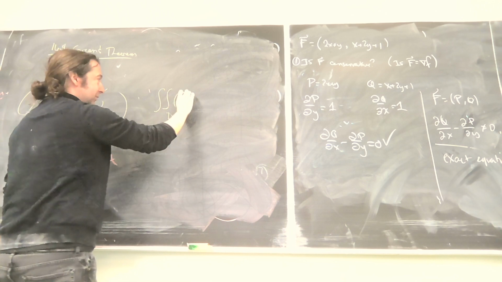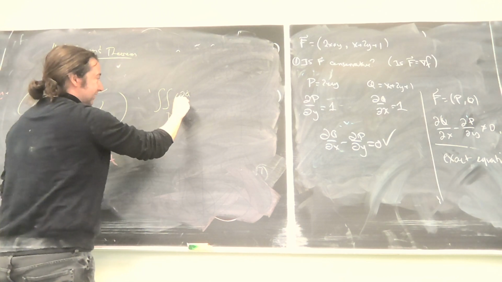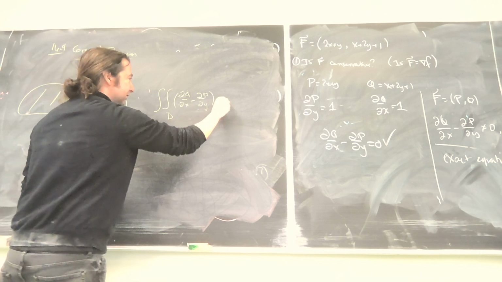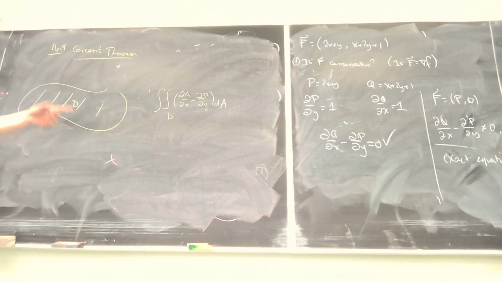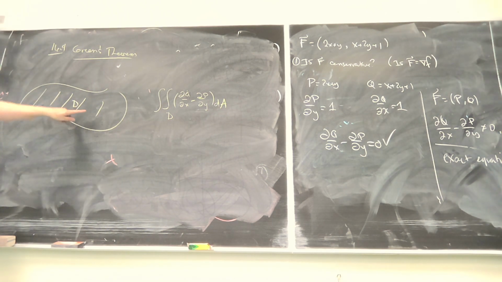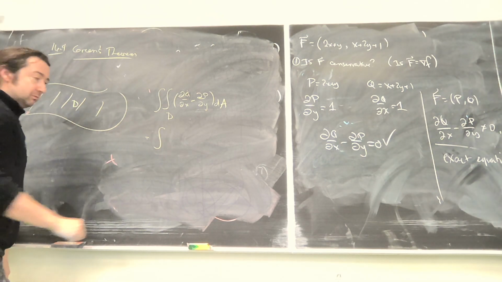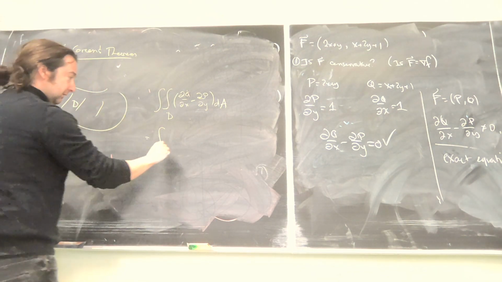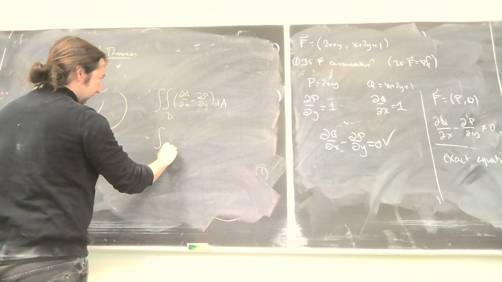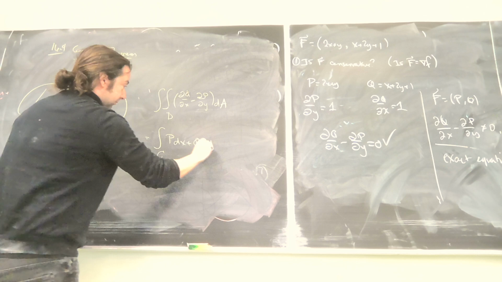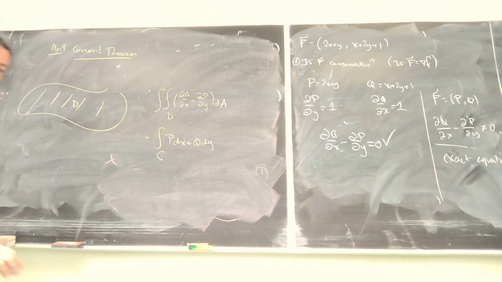In fact, one way of writing it is dQ/dx minus dP/dy dA, a certain kind of double integral on the inside of a region, to an integral on the boundary of the region. And the thing that we'll put here will be P dx plus Q dy.